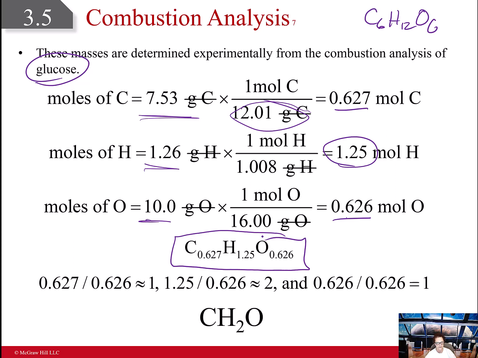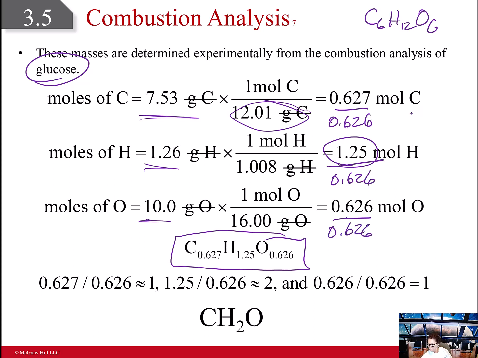But now I know I can't do that. Remember, I have to divide by the lowest one, so at least one of them will be a 1. So I divide this one by 0.626, this one by 0.626, and this one by 0.626.